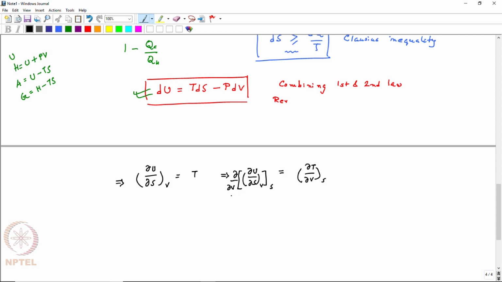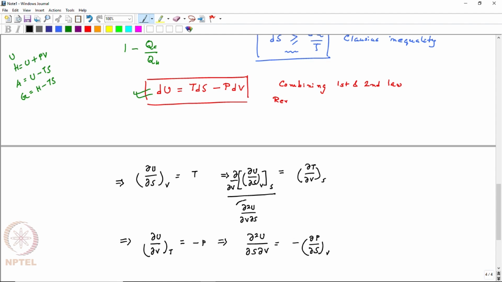Similarly, starting from this fundamental equation, we could also first take the volume derivative, keeping the temperature constant, which gives you minus P. Then if I do the second derivative, this time taking the entropy derivative, I get minus (∂P/∂S) at constant V.